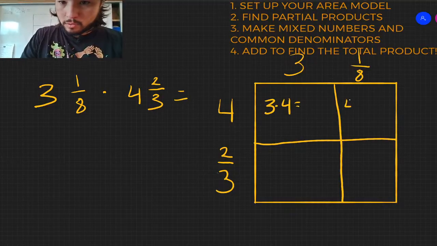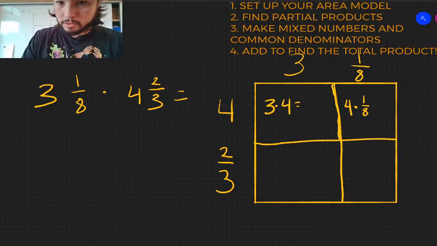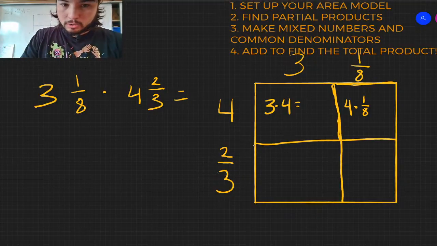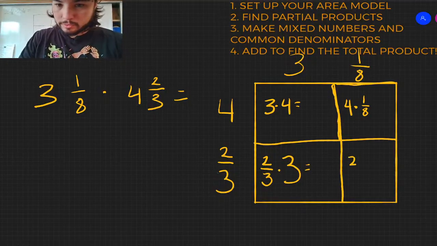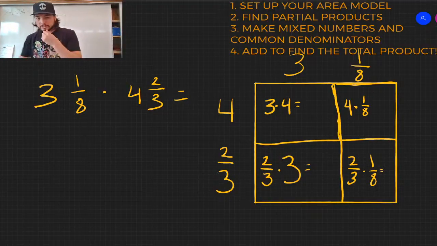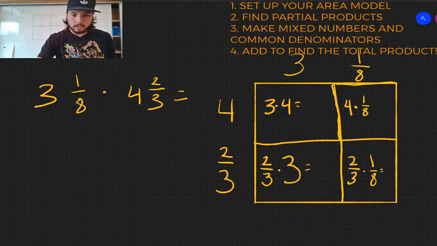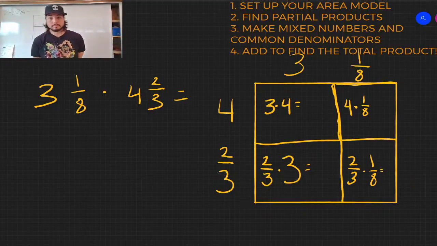This would be 4 times 1/8, right? Because this length here is 4. This length here is 1/8. This would be 2/3 times 3. And then this would be 2/3 times 1/8. Go ahead and try that.